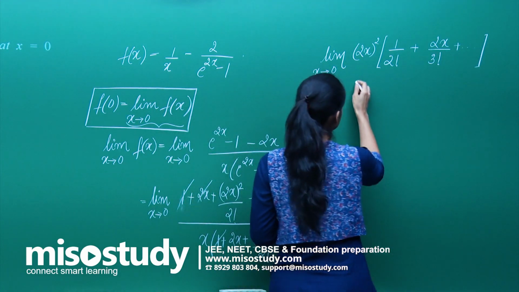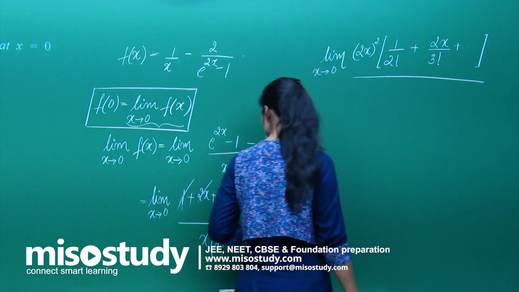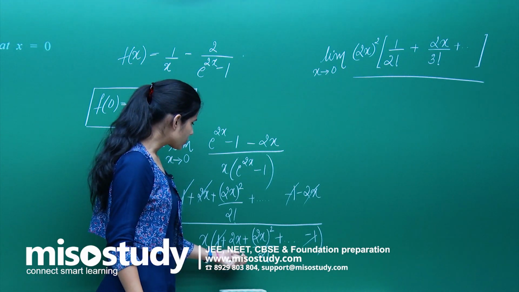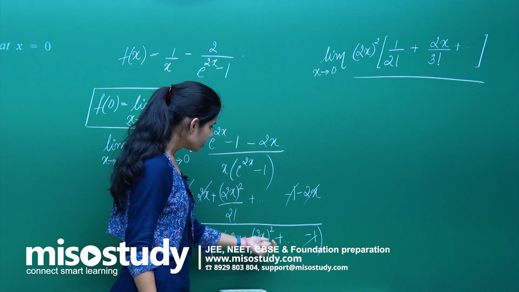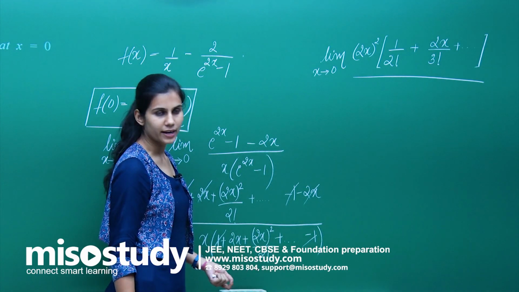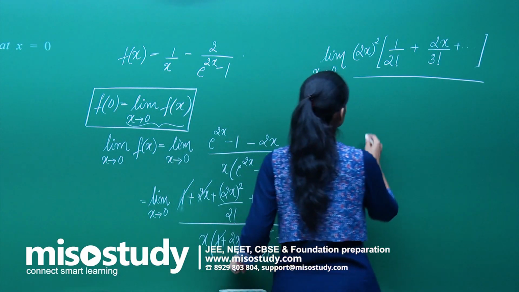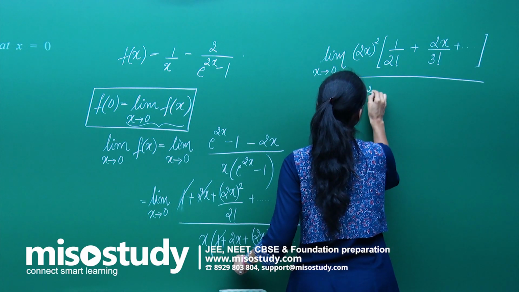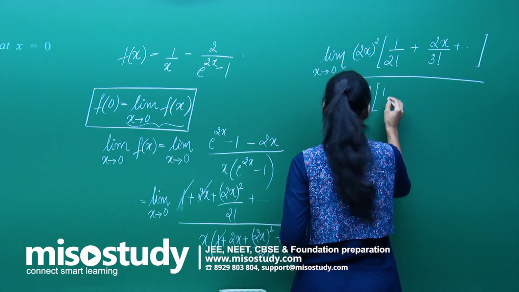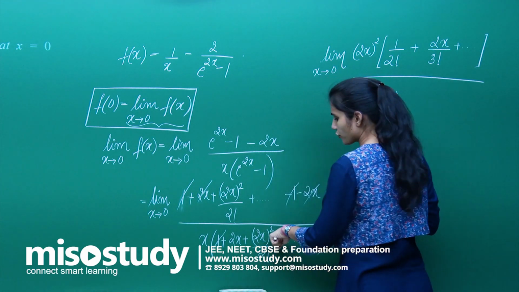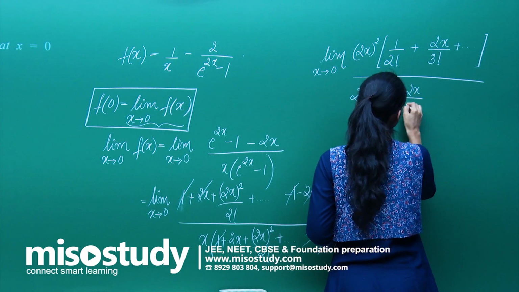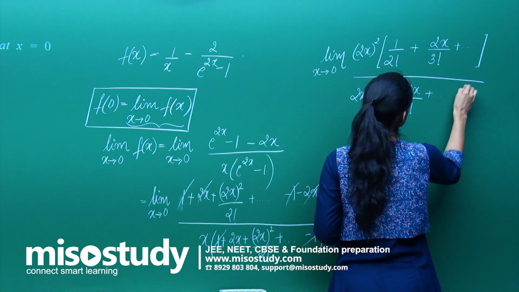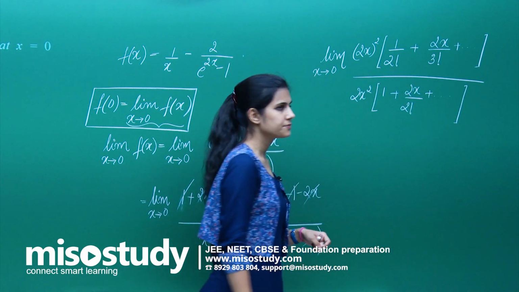Fine? Whole upon, if you see carefully, this is 2x square, right? This is 2x into x, 2x square, plus 2x whole square into x by 2 factorial and so on. So what I do in the denominator is I take out 2x square common. I am left with 1 plus 2x by 2 factorial and so on.